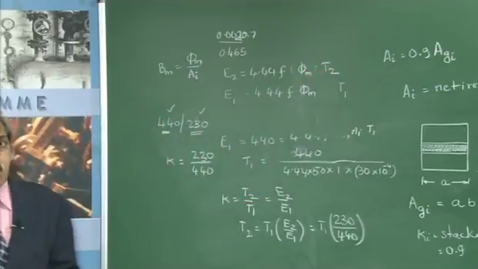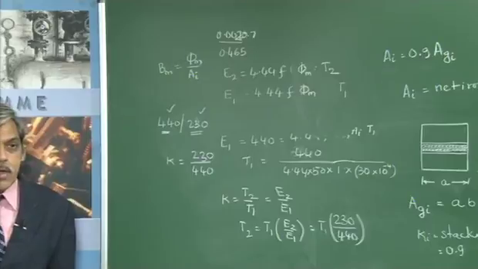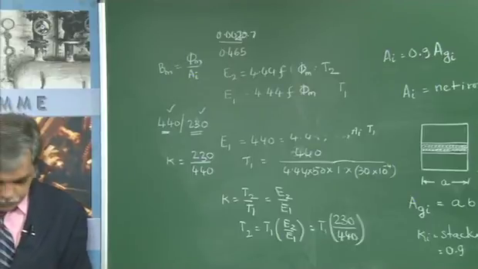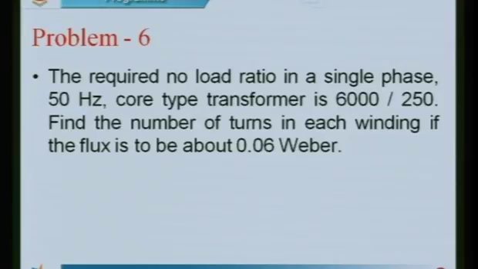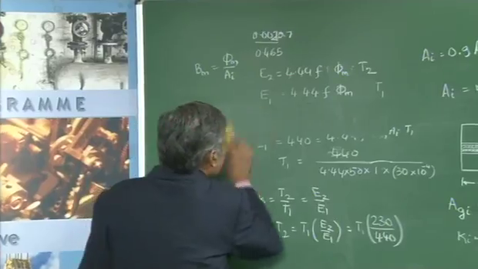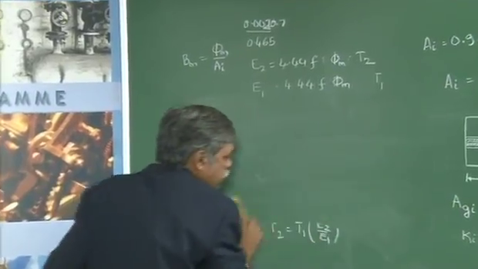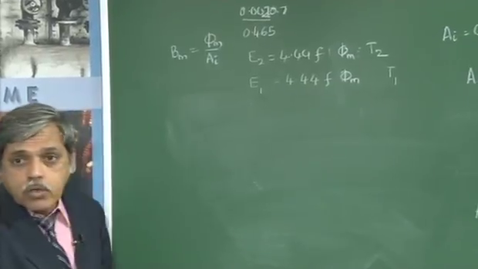Both I write phi m's. So Bm multiplied by Ai will give you the phi m in this equation. This equation can be used in calculating the number of turns. As per these equations, we have the primary voltage as 6000 volts.